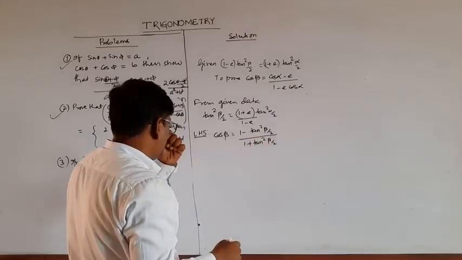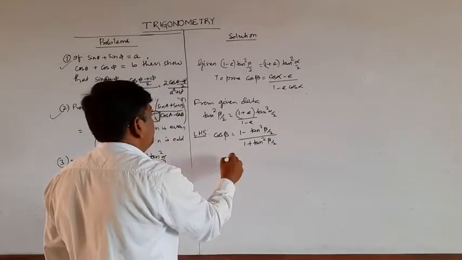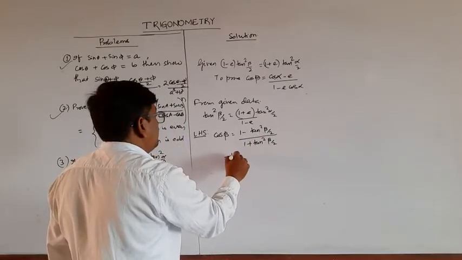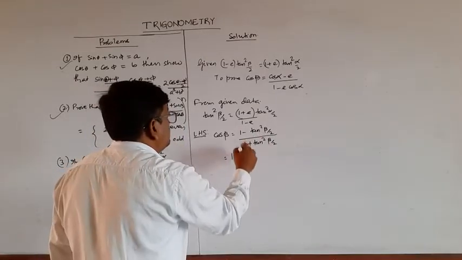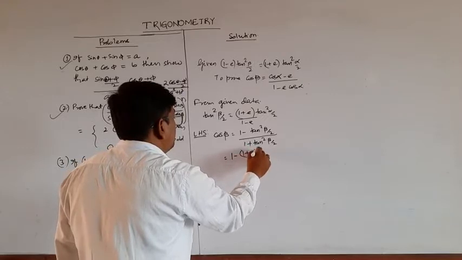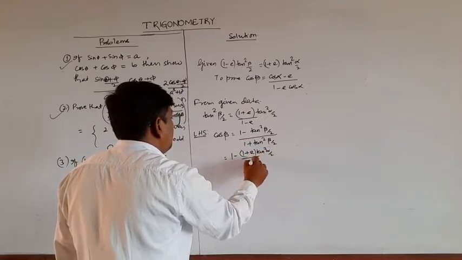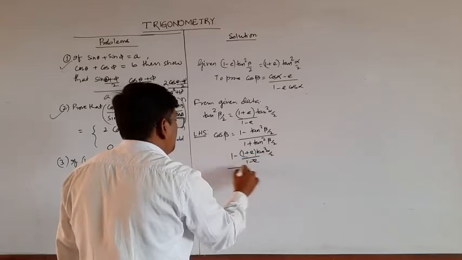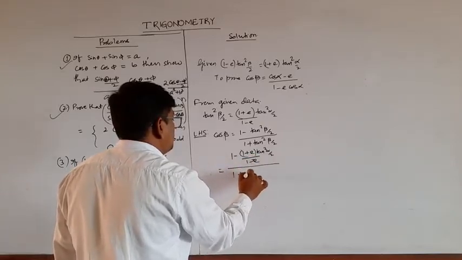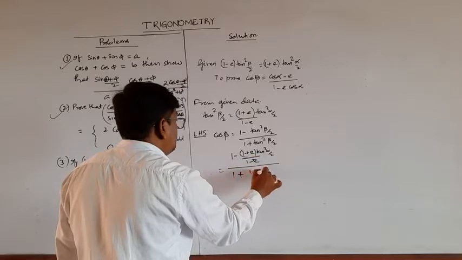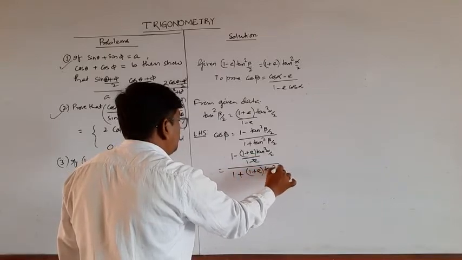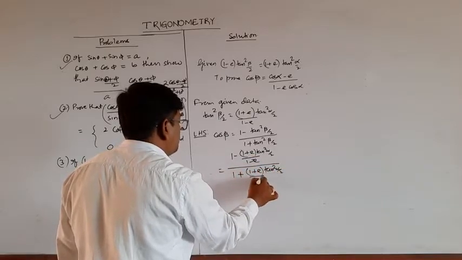Now apply the value of tan square beta by 2. So this is equal to 1 minus (1 plus e) tan square alpha by 2 divided by (1 minus e), and whole divided by 1 plus (1 plus e) tan square alpha by 2 divided by (1 minus e).